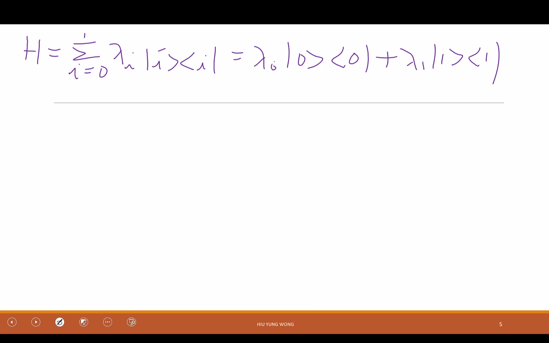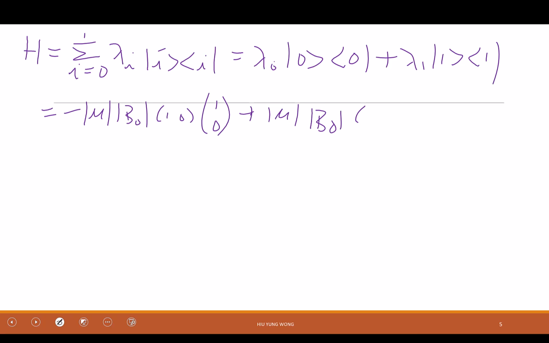Okay? Now, what is lambda 0 again? Very good. Negative mu B0. And then the outer product of 0, right? But what is the outer product of 0? Do you remember? We just do it one by one. 1, 0 times 1, 0. Lambda 1, we know it is positive, and then this time it is 1, 0, 1.